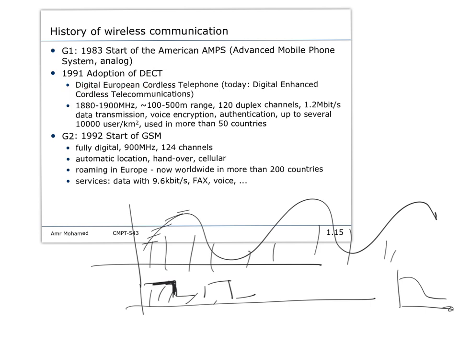In digital standards, the Europeans implemented the DECT standard, which stands for Digital Enhanced Cordless Telecommunication. And that was used mainly for cordless phones and these types of things. What's distinct about this is that when I talk about 1880 or 1900, that talks about the carrier frequency.